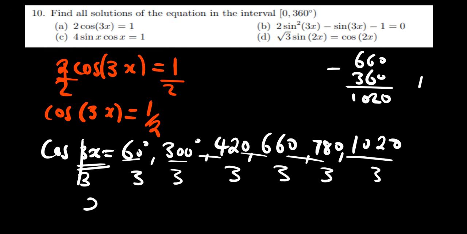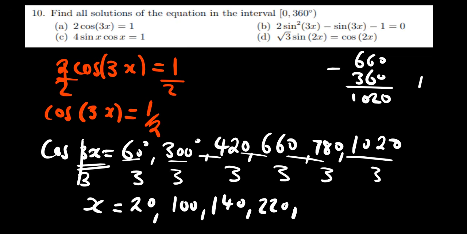Therefore now our x will be 60 divided by 3, that is 20. 300 divided by 3 is 100. 420 divided by 3 is 140. 660 divided by 3 is 220. 780 divided by 3 is 260. 1020 divided by 3 is 340.